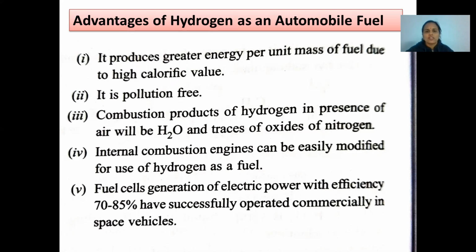Internal combustion engines can be easily modified for use of hydrogen as a fuel. Fuel cells generating electric power with efficiency 70 to 85% have successfully operated commercially in space vehicles.